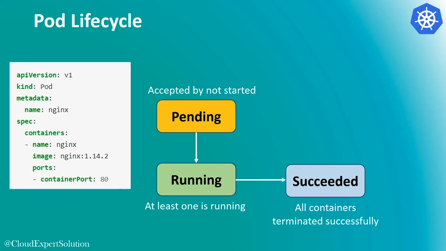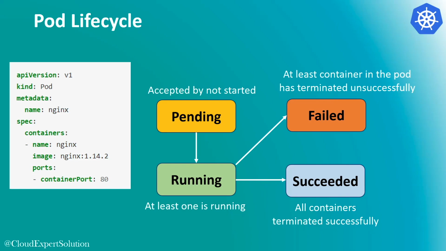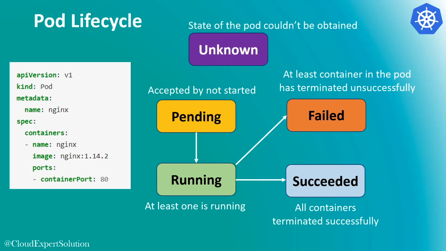There could be another state where one or more containers failed to terminate. That means it's not terminated successfully. That would be a failed state. There is one more state possible and we call it an unknown state. For some reason, the state of the pod could not be obtained. So these are all different states that define the pod lifecycle.